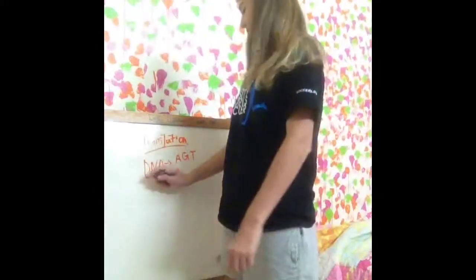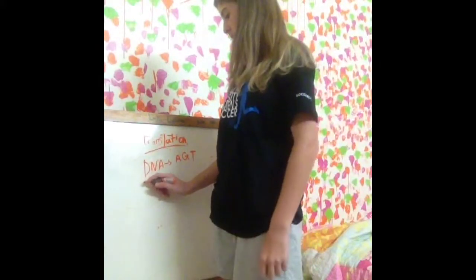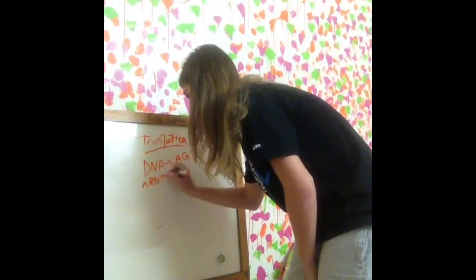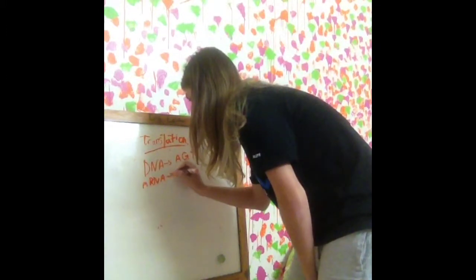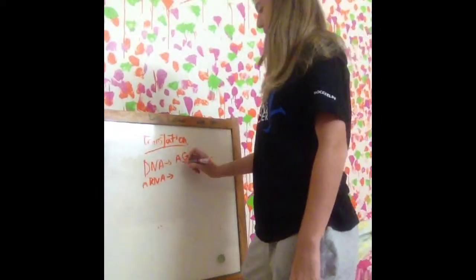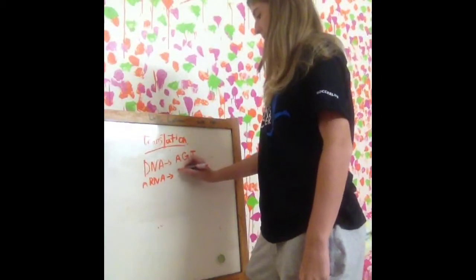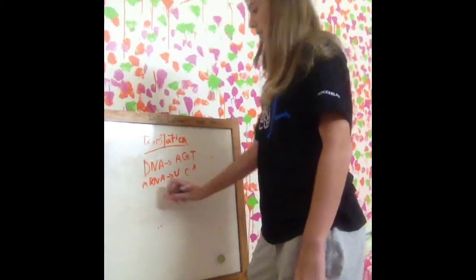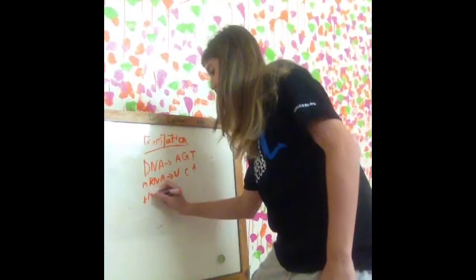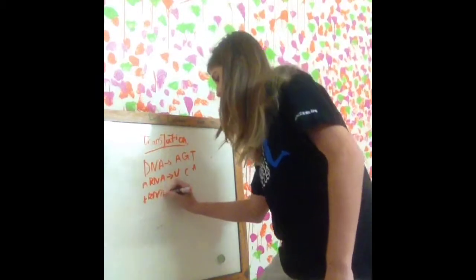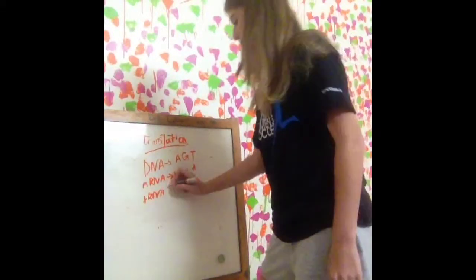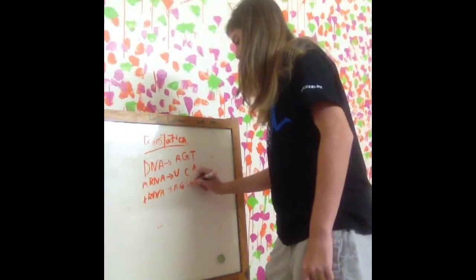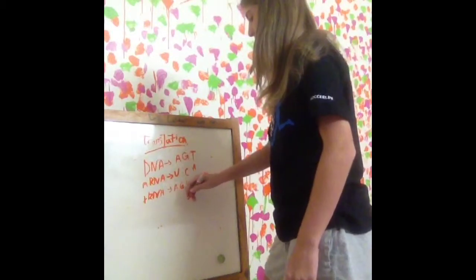The mRNA would change this into UCA, and then the tRNA would further change this into AGU. So then it's pretty similar to this, just with the letter here.